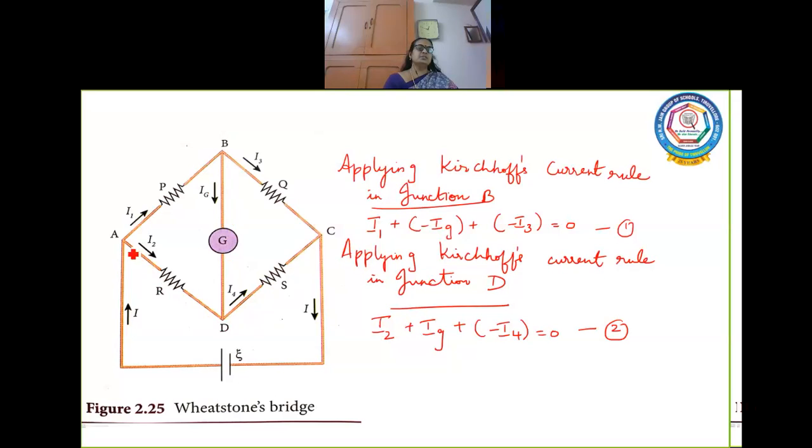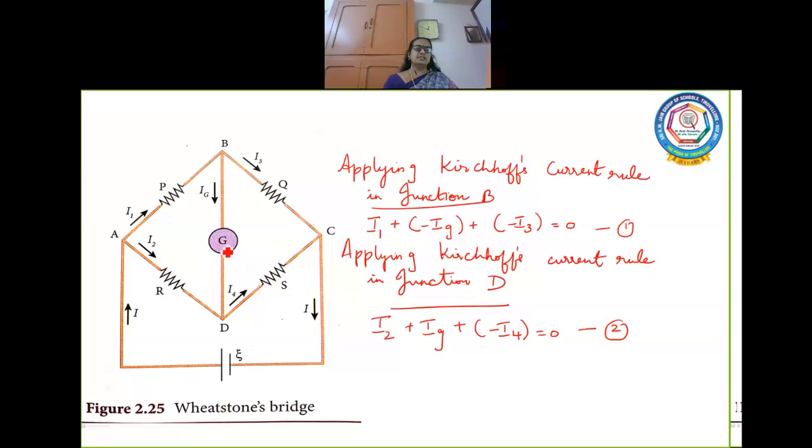Then in this lead, the resistor has resistance R, and the current here is in this direction. Actually, the direction should be from D to A, but look at this direction, it is from A to D. So I write the product of current and resistance with the negative sign.